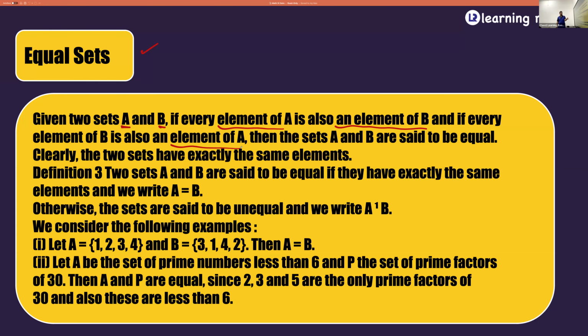The other point is that the number of elements should obviously be the same. So the definition: two sets A and B are said to be equal if they exactly have the same elements. And how do you write them? You write them as A equals B. This is how you represent it.